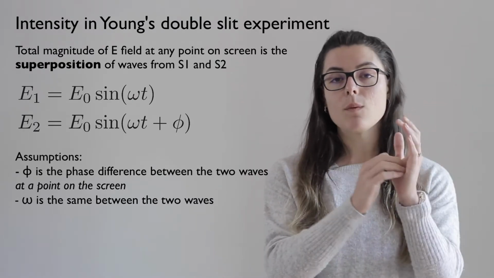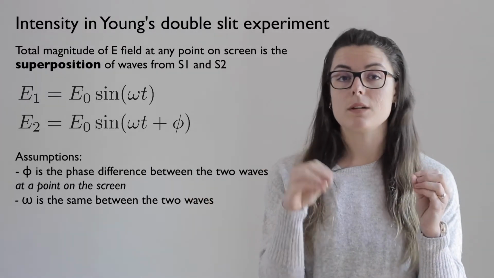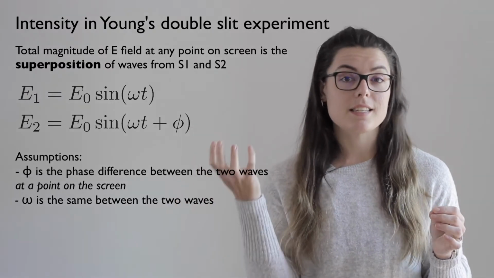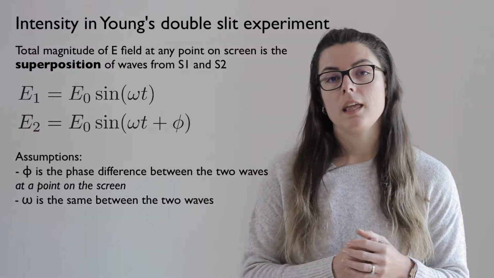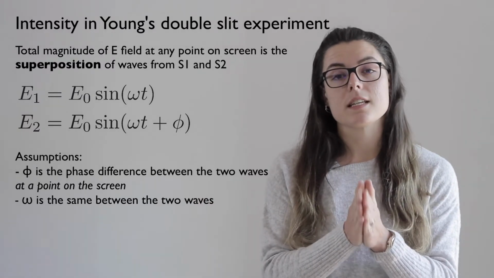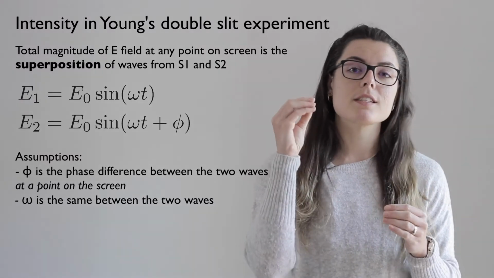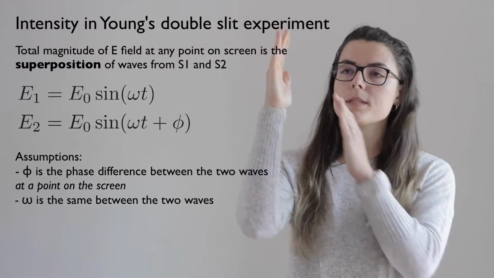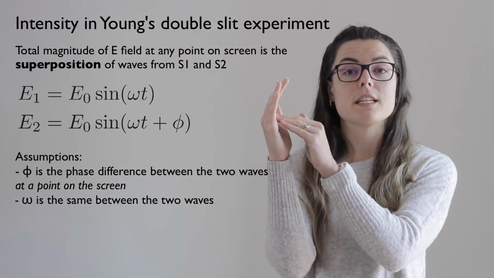So we'll have E1 equals E naught sine omega t, and then E2 equals E naught sine (omega t plus phi), where phi is the phase difference, and that phase difference isn't going to be changing. Now, this phase difference isn't going to be changing between these two waves, but the phase difference is dependent upon the path difference. So for a particular point on the screen, the phase difference isn't going to be changing.